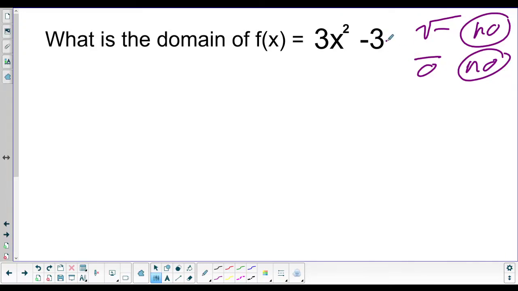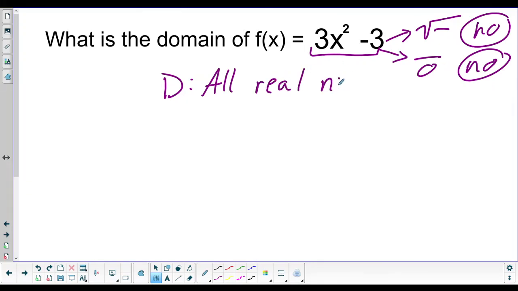So if I don't have to worry about the square root and I don't have to worry about dividing because neither of those things are in the problem, there can't be anything wrong. So any number in the whole universe will work in this. So this one, any number works. The way we say that is the domain is all real numbers.